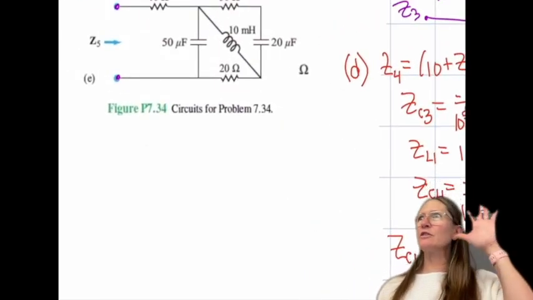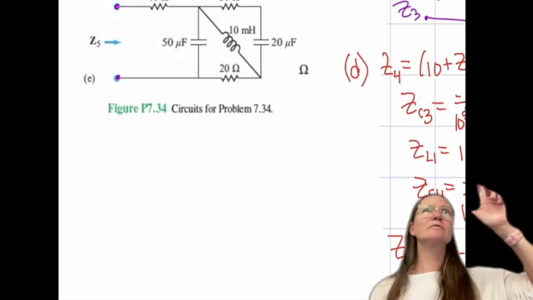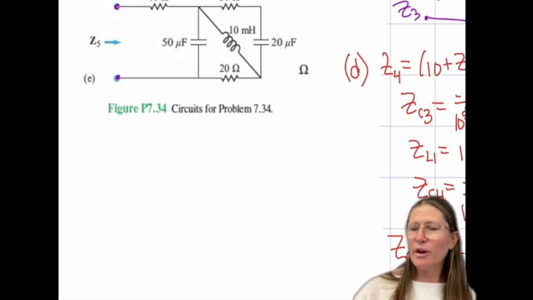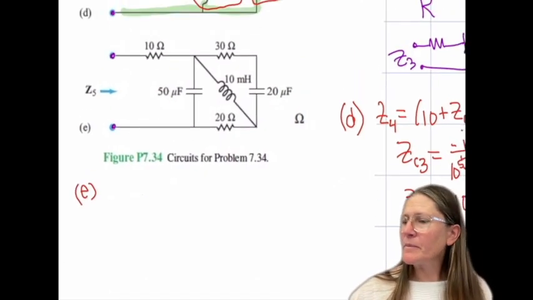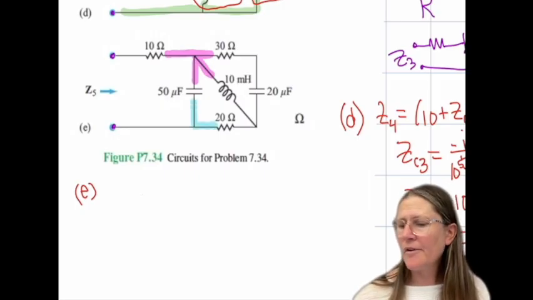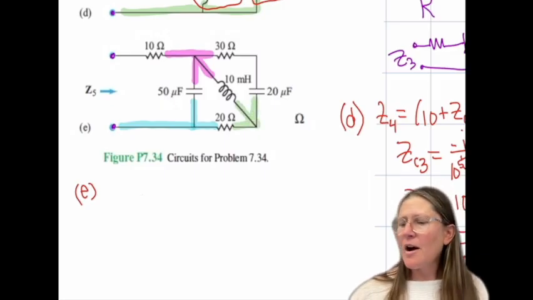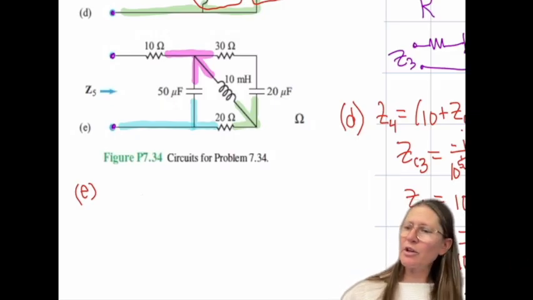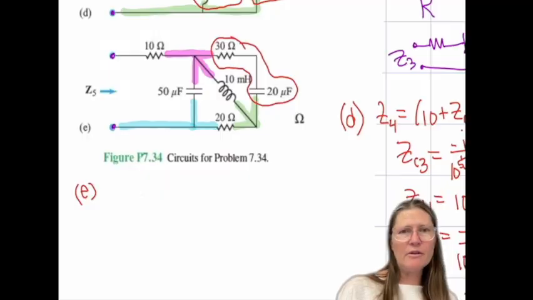All right, did you guys get to Z5 yet, or still working on that one? Some others are saying yes. Okay, so on this one, as I highlight the nodes, I see that the 30 and the 20 micro are in series with each other.